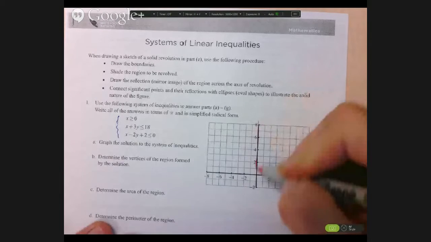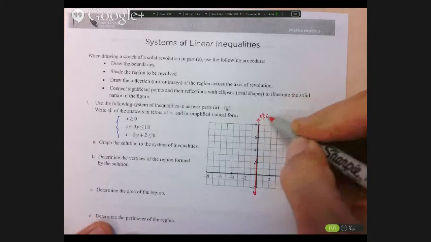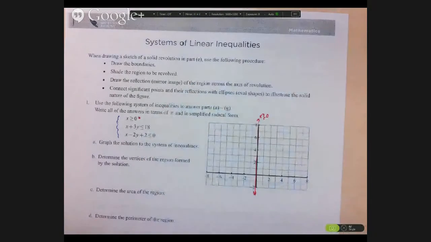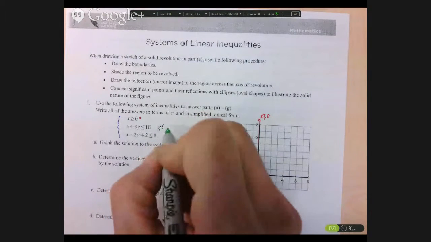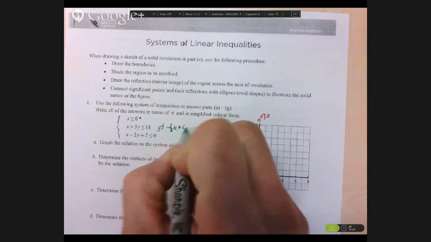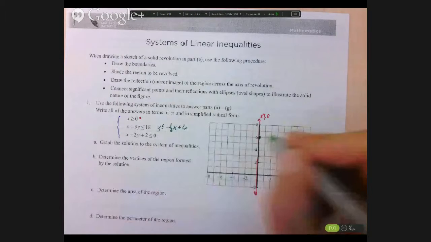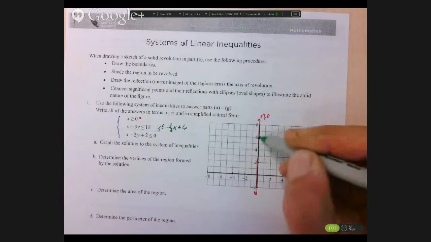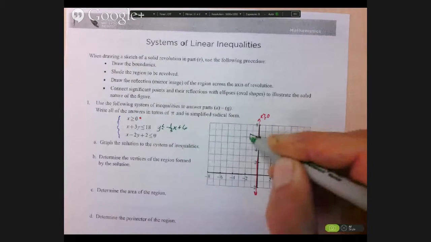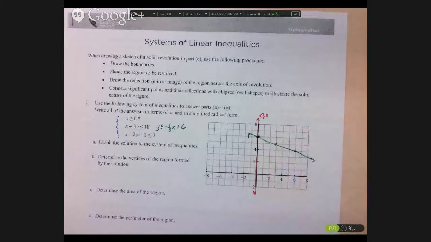Okay, so that's x greater than or equal to 0. x plus 3y is less than or equal to 18. Okay. And what's this one become?